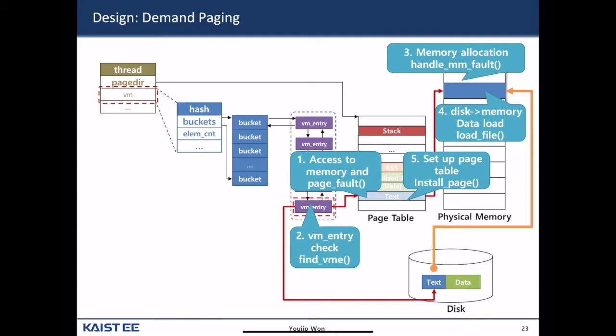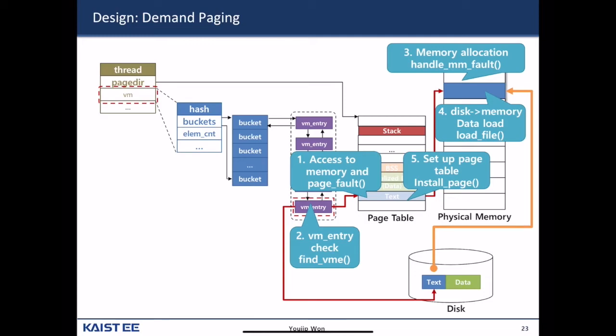Then, next is a big picture about demand paging. Demand paging is when an application accesses a page, it consults the page table, and if a given page is not present in memory, it finds it on the disk and loads it from the disk. This is the detail of demand paging.